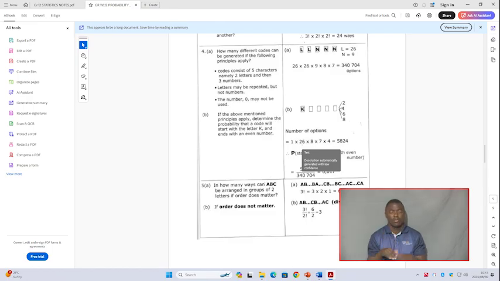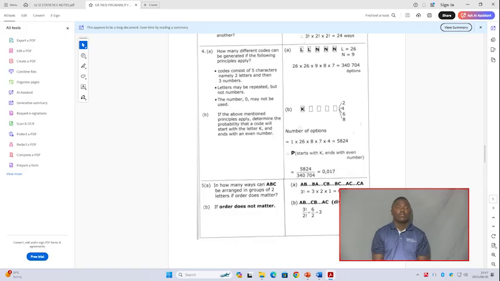And then they say to you, the last digit must be an even number. So in the last digit, I can either put a 2, 4, 6, or 8, correct? I can put any of the 4 numbers, 2, 4, 6, 8, in the last block. So I've already used a number, correct?